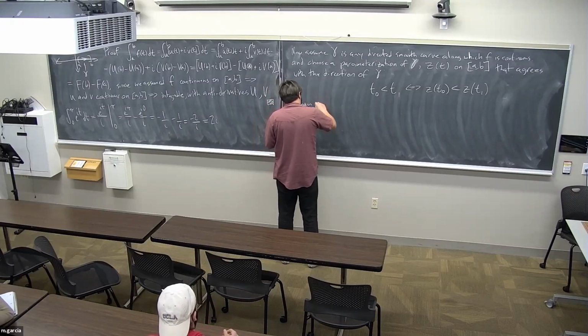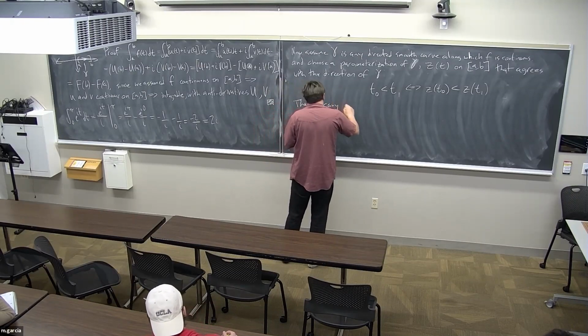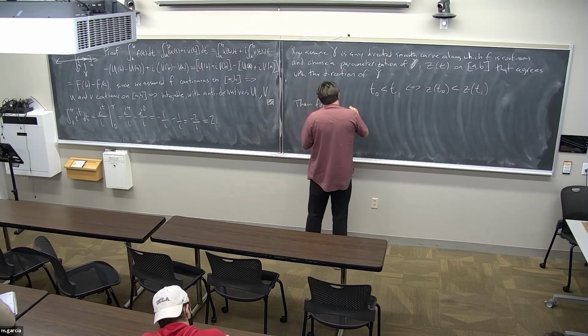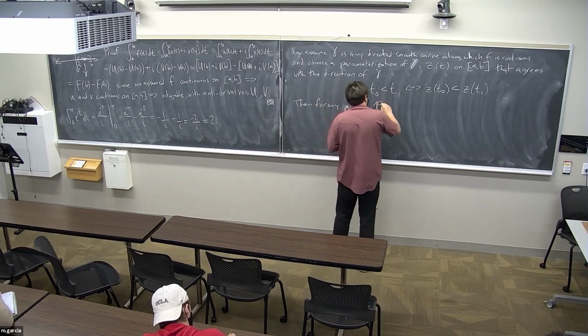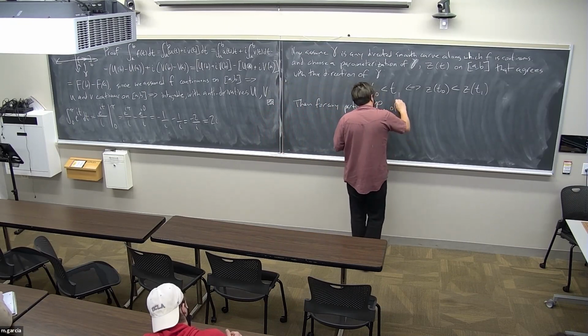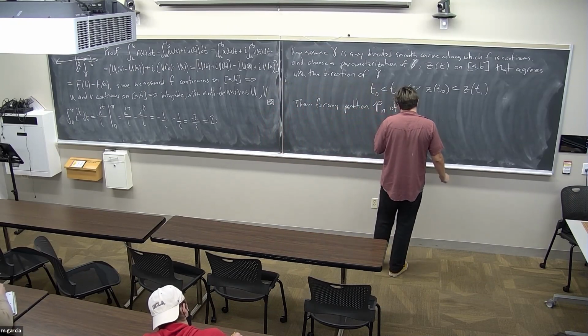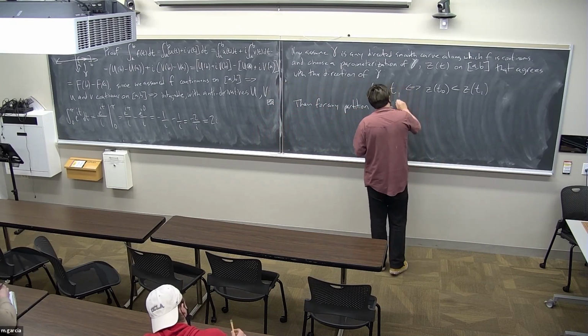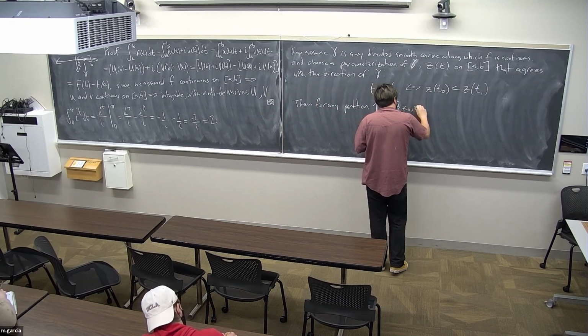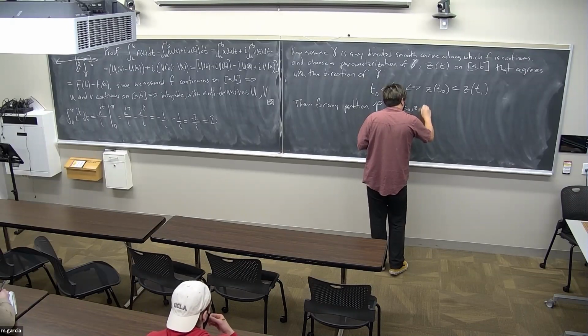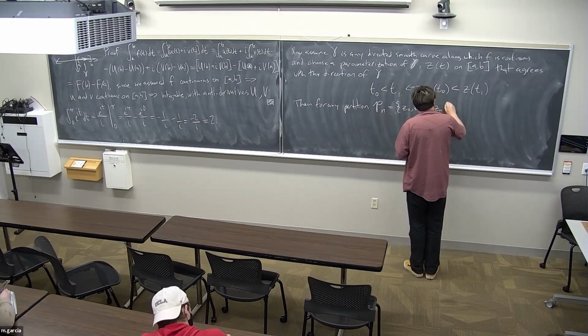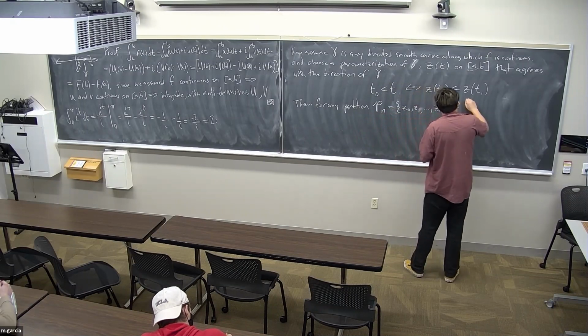Then, for any partition P_n of gamma, oh sorry, I should give this a specific name. P_n, we'll say is z naught, z1, up through z n of gamma.